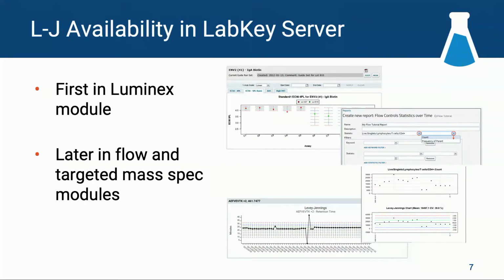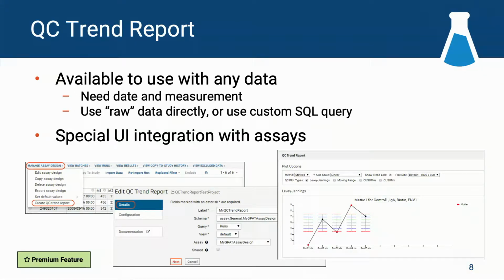We then later rolled that out into our flow cytometry module and targeted mass spec, and that's really built out beyond Levi Jennings now into all these other cool additional types of reports that I'll get to in a moment. But then we said, hey, wait, we've done it 3 times now. Maybe we should do this in a way that we can actually just leverage and feed in almost any data type.